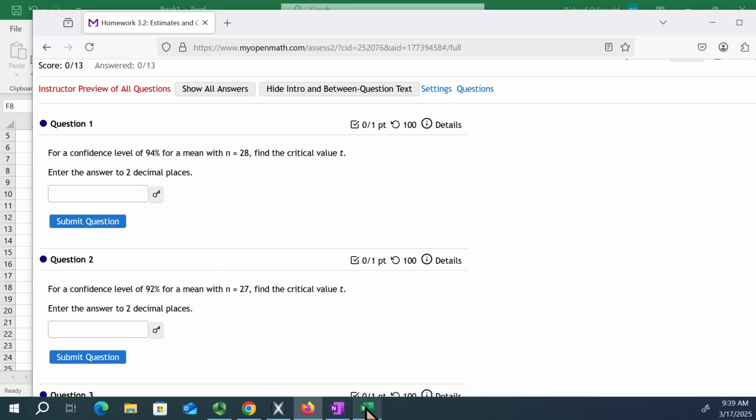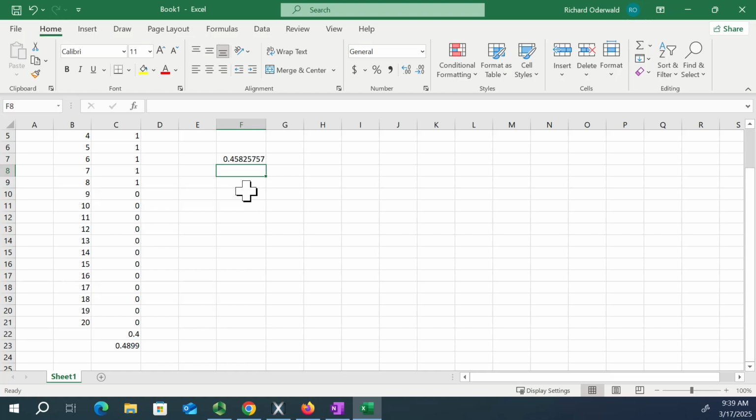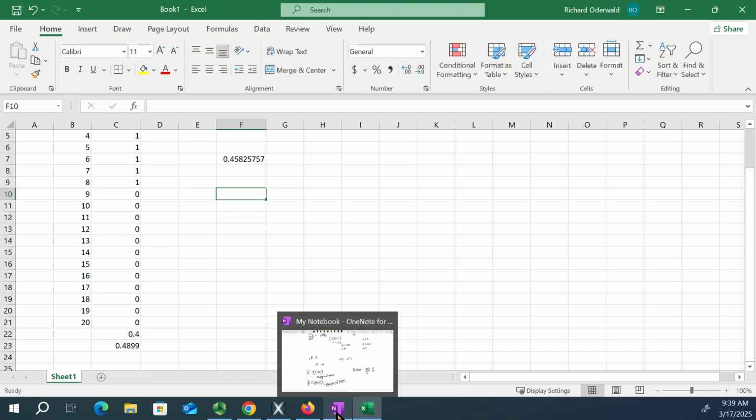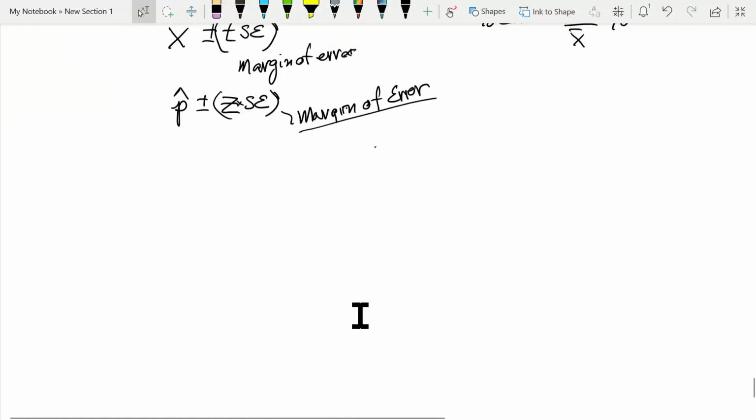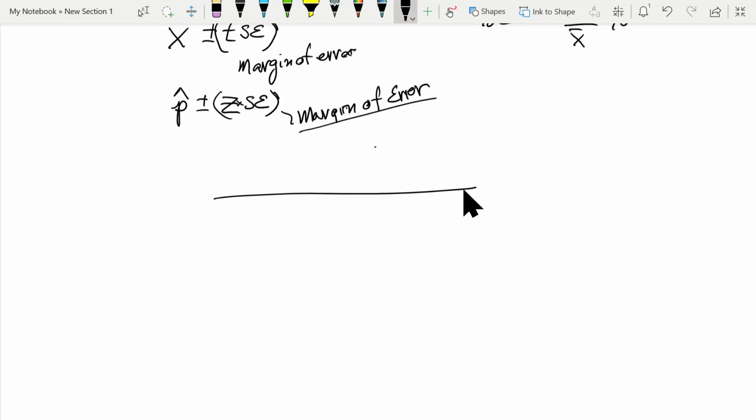If we go into Excel, and I need a 94% confidence interval, this is the same for all of this stuff. I need a 94% confidence interval. What do I look up in the t.inv?